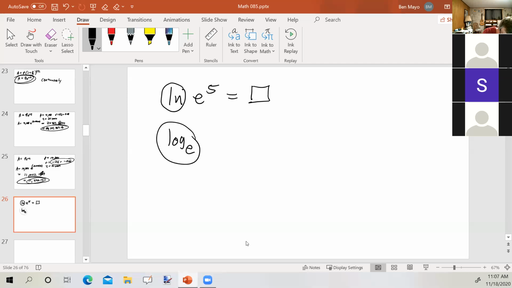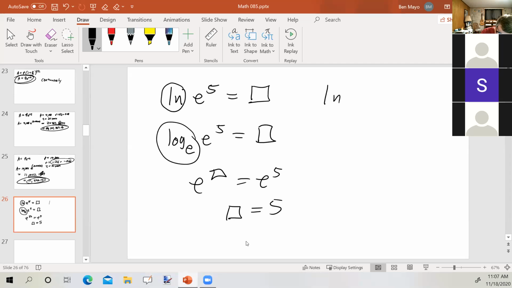So the part I've got circled above becomes the part I've got circled below. So I've got log base e of e to the 5th power equals box. But now we've got a logarithmic equation. Let's change it to an exponential equation. So e to the box equals e to the 5th power. So what does the box equal? 5. So the natural log of e to the 5th is 5.